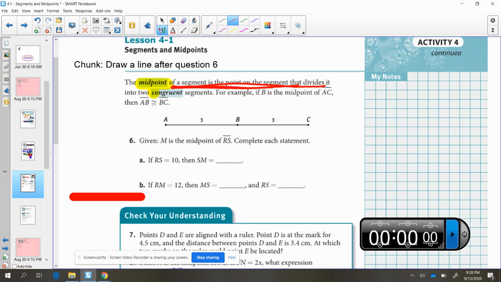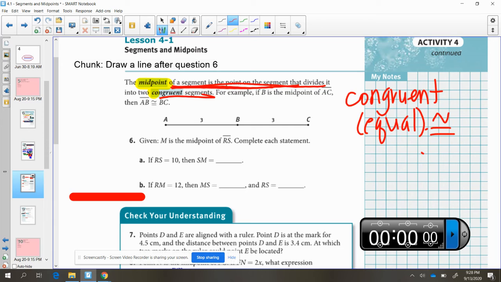Congruent is a fancy geometric way of saying equal, okay? So congruent, you might want to think about as equal, right? Equal measurements, equal size. The congruent symbol looks like this. Okay, so sometimes that's how you'll see it shown.